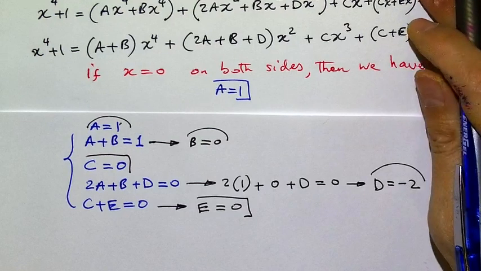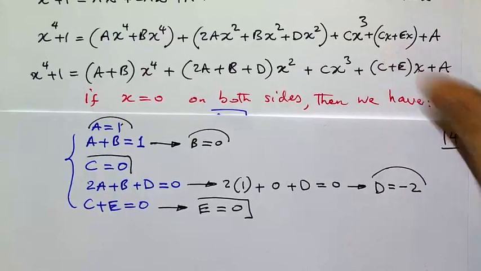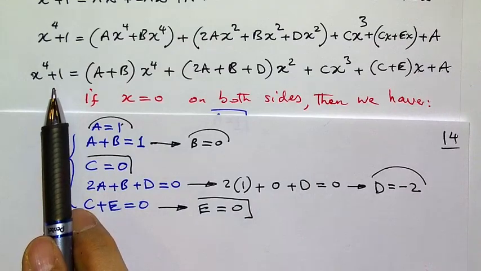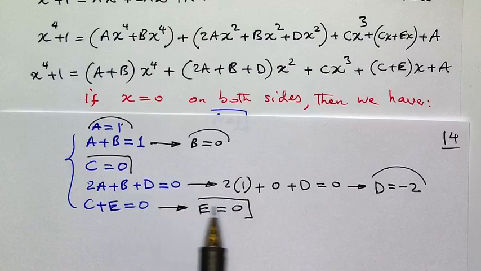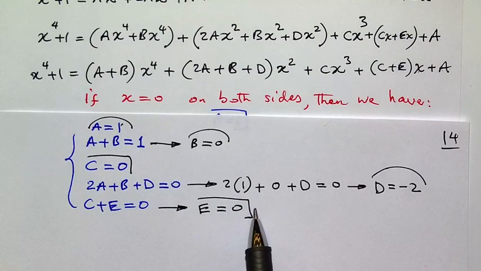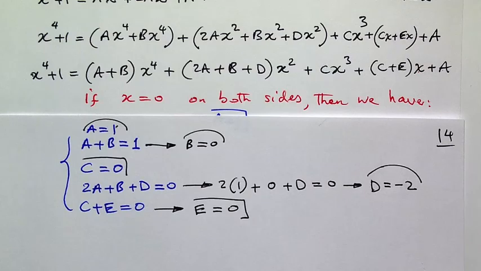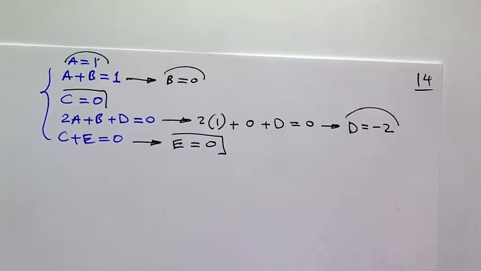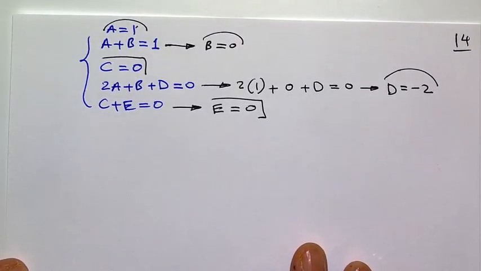So the fact that we recognize that we can take advantage of the fact that on the right side, there's only one constant and it should be equal to 1, that worked out quickly to our advantage to obtain the other values, right? All right. So now we have all the variables figured out, so we can go ahead and write down our partial fractions. So let's remind ourselves what we started with.